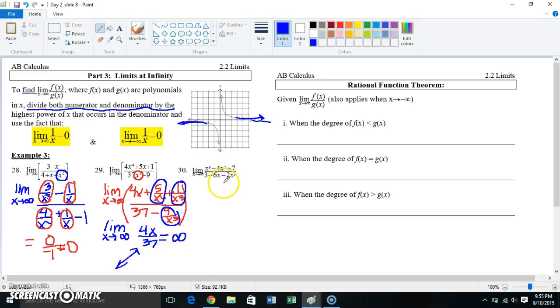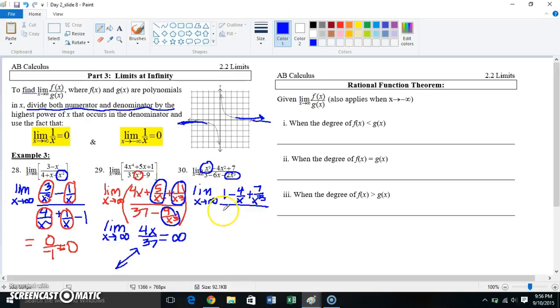Okay, final question here for this slide, number 30. The limit as x approaches infinity of a cubic over a cubic. Okay, so I'm going to divide every term by x cubed. The limit as x approaches infinity of 1 minus 4 over x plus 7 over x cubed.